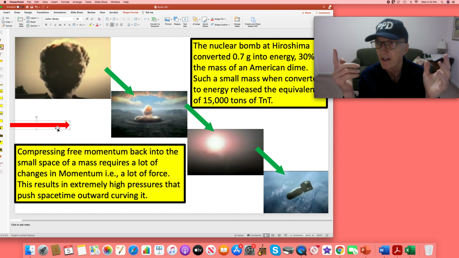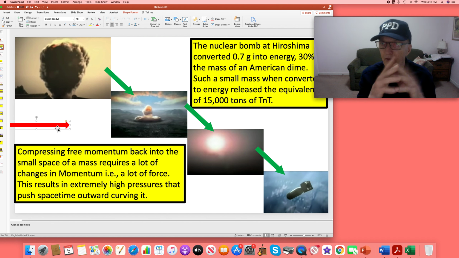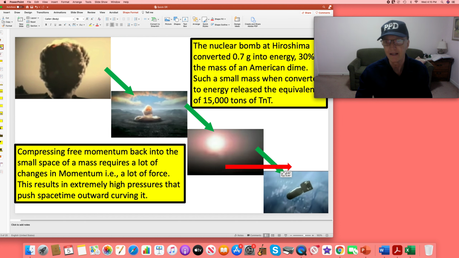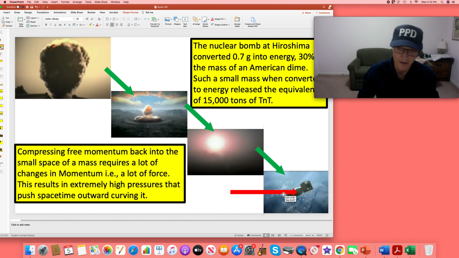Change of momentum is equal to force. Force is the rate of change of momentum. So you need a lot of force to push all of that radiation back into the small portion of the material in that bomb, the part that was uranium.